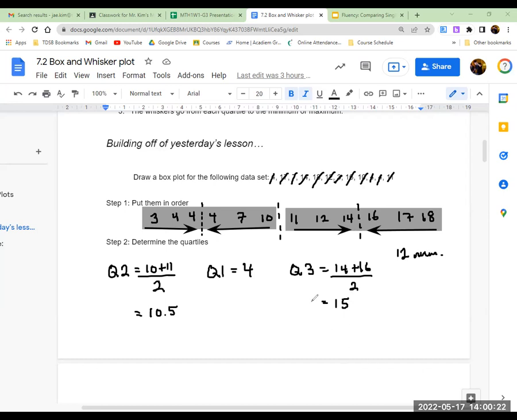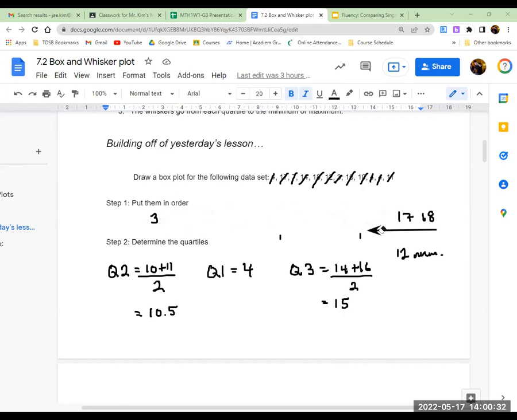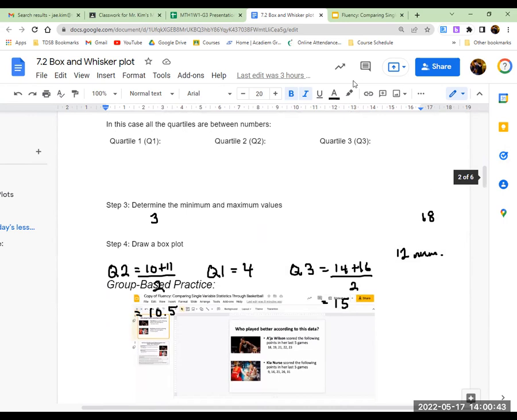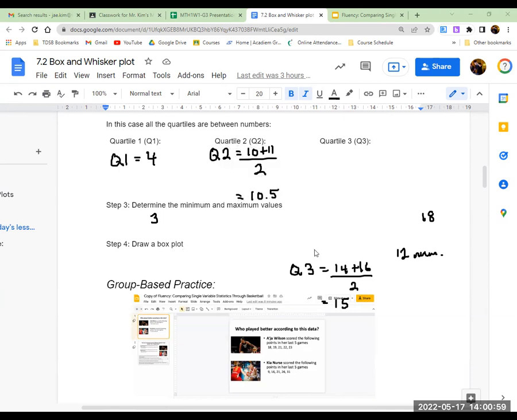All right, great. I am going to take this and scroll this down because you're going to be using these numbers soon, okay? I also need 3 and I need 18 for the next section. So rolling down and going to the next page, we have ourselves, let's see, Q1 is 4. Oh, there it is. Q1 is 4. Q2 is 10.5.